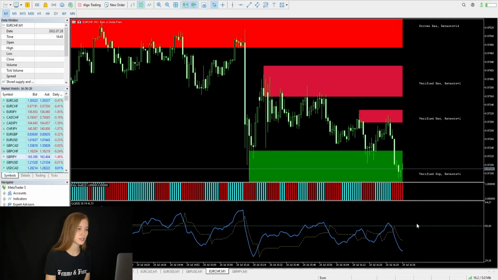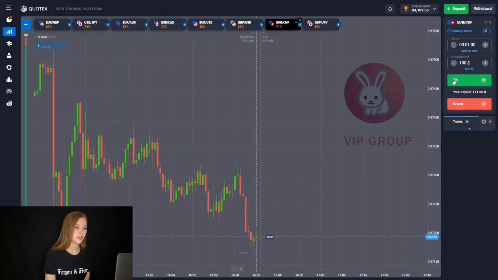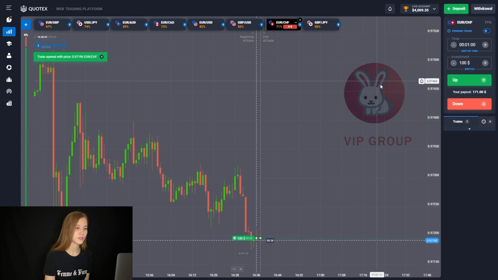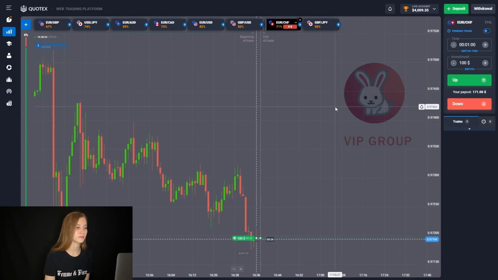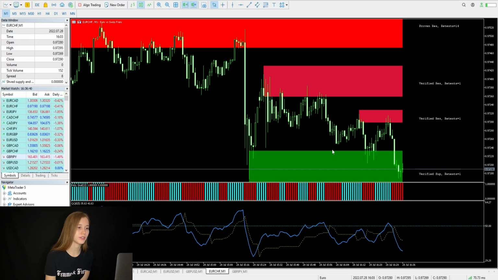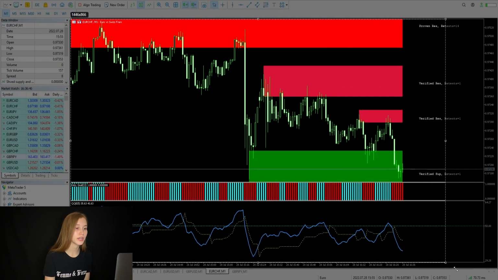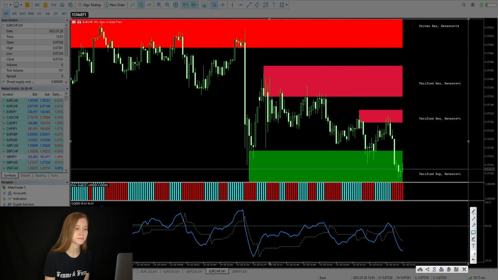So let's choose this currency, the opening of trade, and move on to the MetaTrader. Let's choose a work area for ourselves. Here we see a potential reversal to positive dynamics.